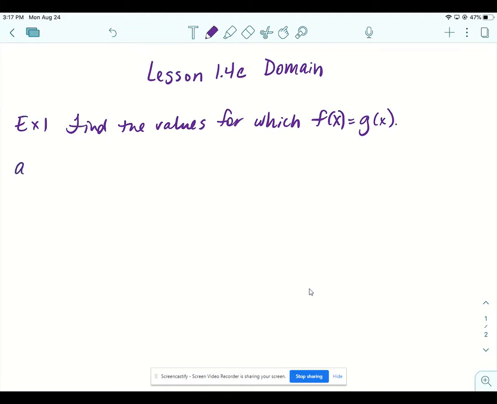Our first one, for a, f of x is 2x squared, and g of x is x squared minus 5x. So if we want to find where these two are equal, we are going to set them equal to each other. So I just take 2x squared, set it equal to x squared minus 5x.